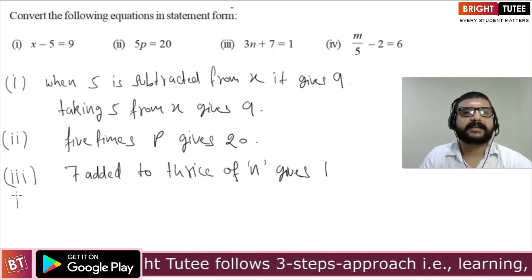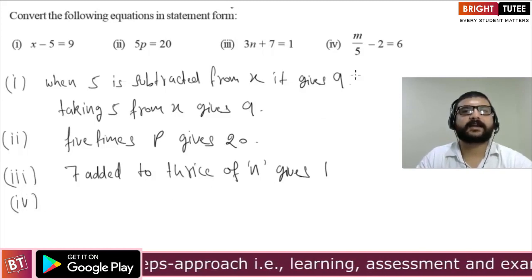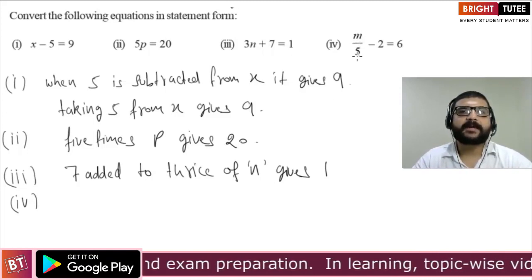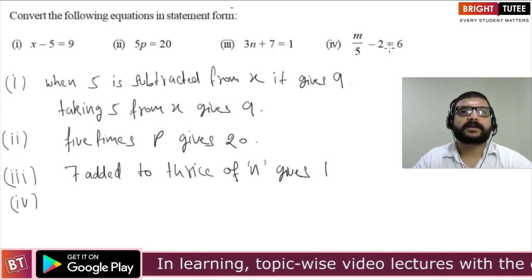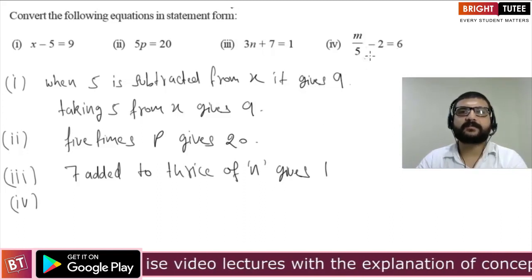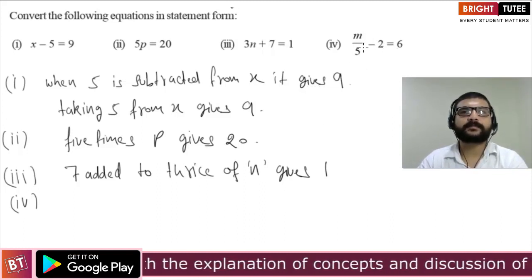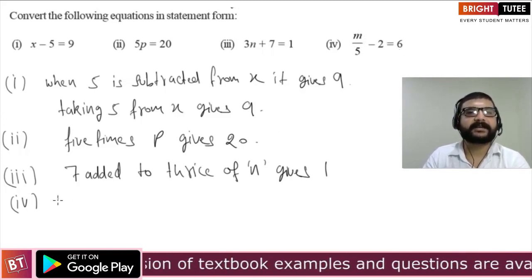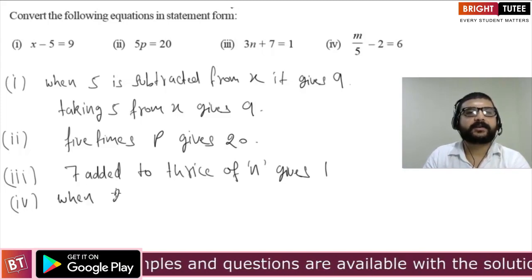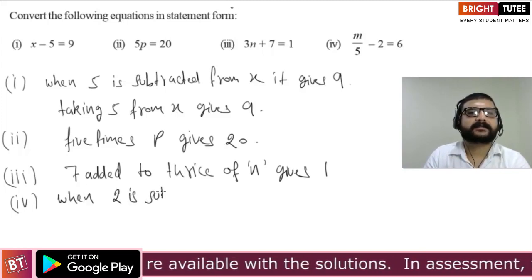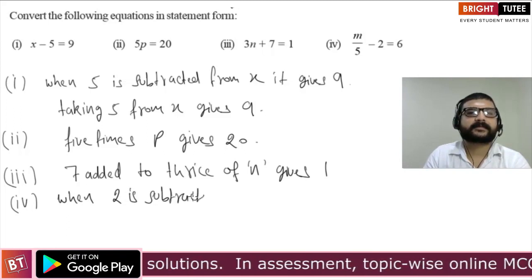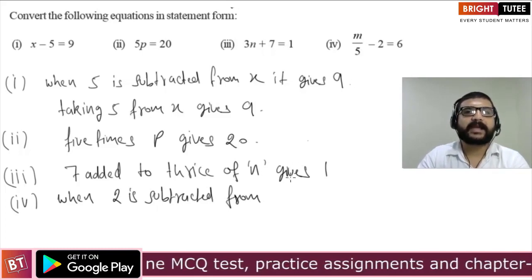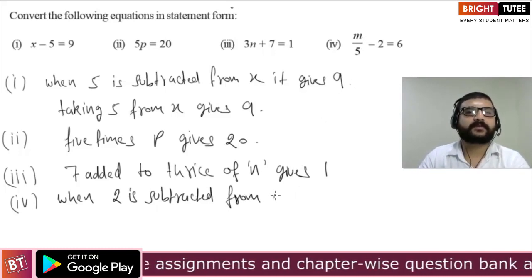Now let's see one more equation and let's try to write a statement for this equation. So here, m upon 5 minus 2 gives us 6. What we are doing here is subtracting 2 from 1/5 of m, and this is giving us 6. So the statement can be written as when 2 is subtracted from 1/5 of m, m upon 5 is 1/5 of m.